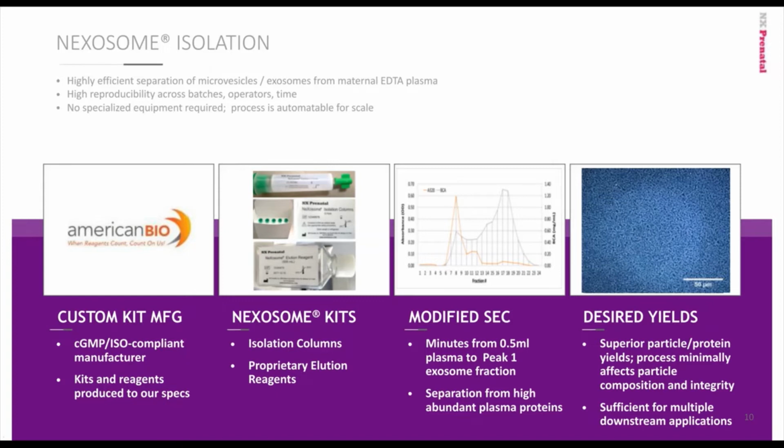As seen here, we have a red graph with optical measurements under the modified SEC graph. And that tells us where the vesicles are. That is overlaid onto a protein concentration measurement, which can be seen to the right.